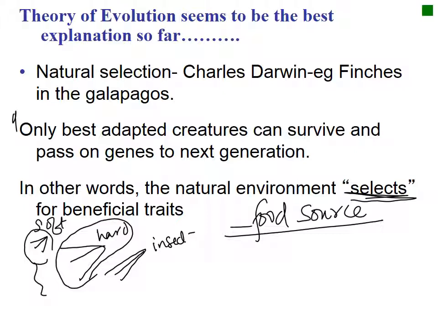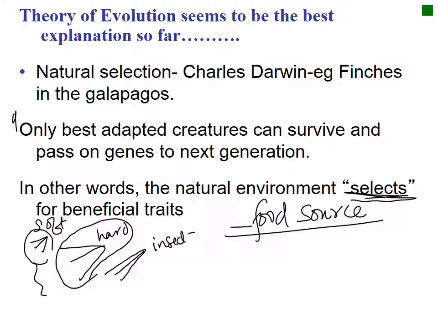So now we move to one facet where we are talking about natural selection. Okay, natural selection is one theory that sort of explains, and it is like the best explanation provided for all the things that are happening around us.